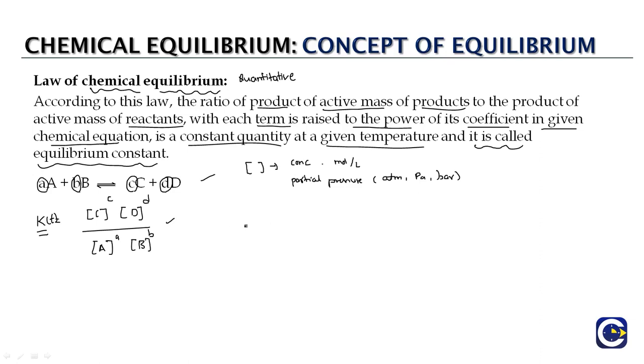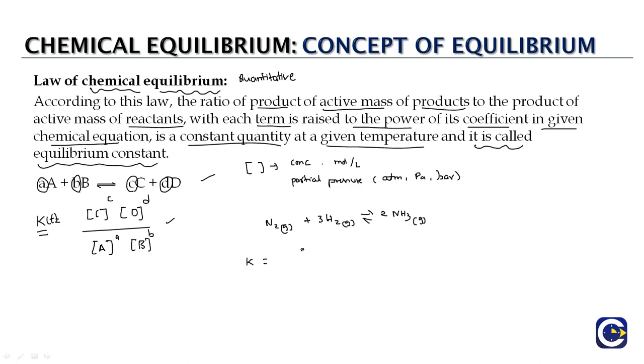Now let us give the equilibrium constant formula for a specific example. We have nitrogen gas combining with hydrogen gas to produce ammonia gas. So this is the given equation. For this equation, the equilibrium constant relates to the active mass of the product.